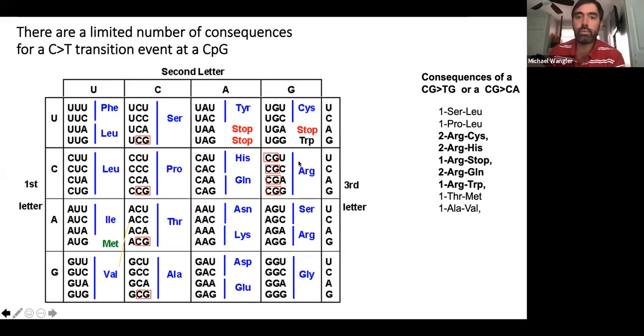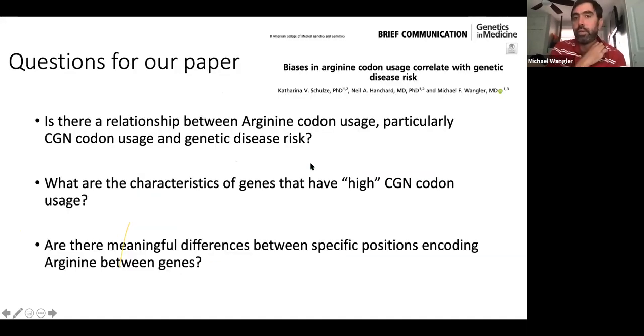If you think about it, a gene has 6 options to make arginine. It has these hypermutable options, and then it also has these AG-containing less mutable options. So our thinking was, is there a relationship between how a gene makes arginine in those specific positions, its CGN codon usage over the entire gene, and genetic disease risk? So that was one question.